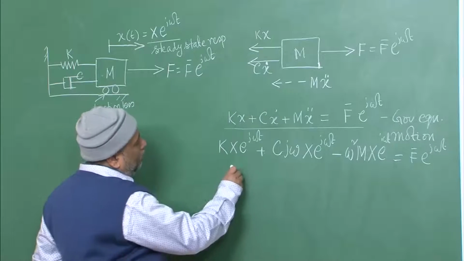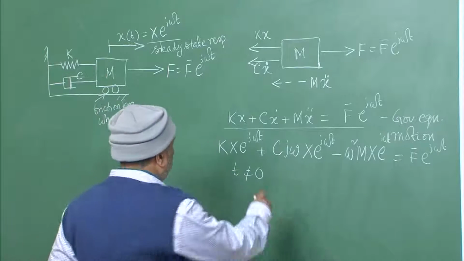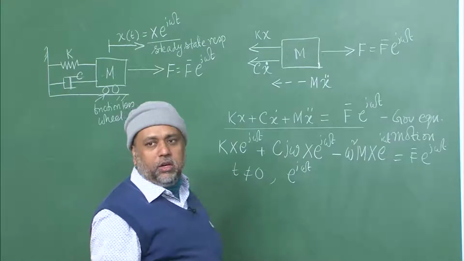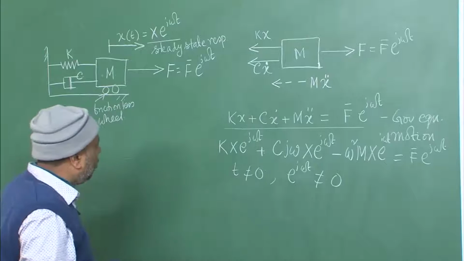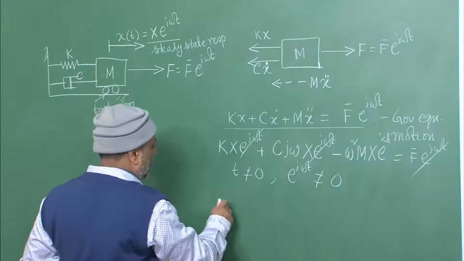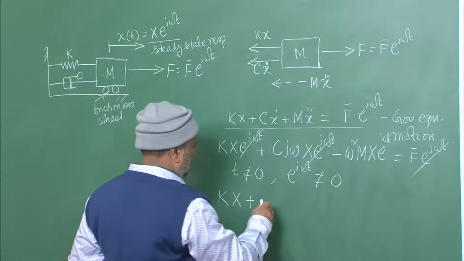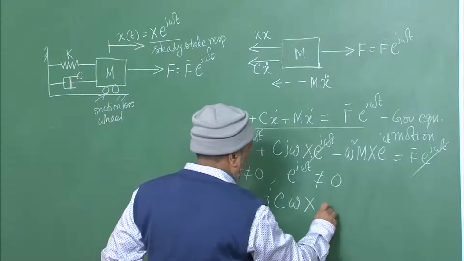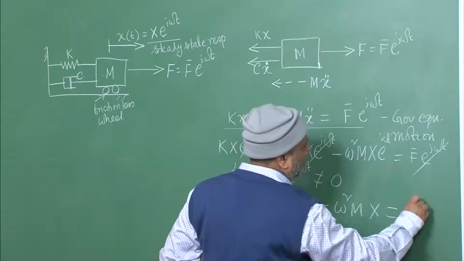Now, since t is not equal to 0, e raised to the power j omega t is not equal to 0, as we are considering any steady state time after t equals 0. As a result, you can cancel these from both sides, and you get k x plus j c omega x minus omega square m x equals F bar.